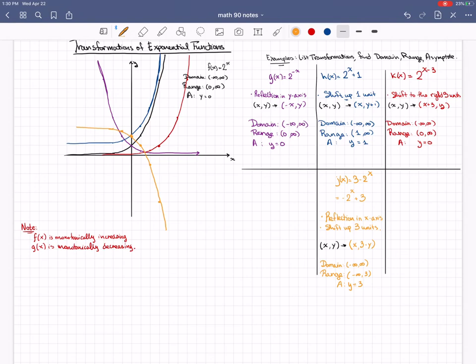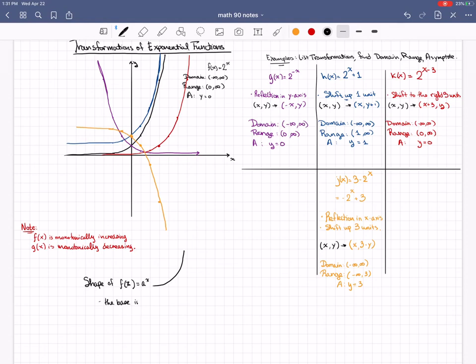And I want you to notice, and I mentioned this in the previous video, but I want to really reiterate it, the shape of an exponential function is this shape here. Depending on the base might make it steeper.